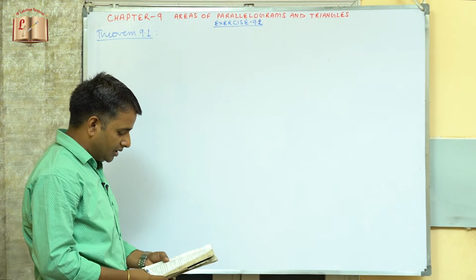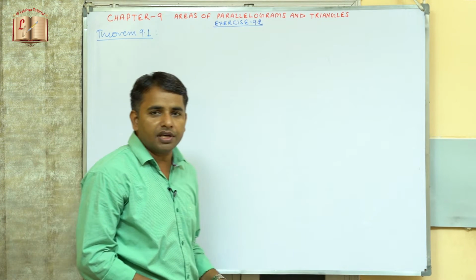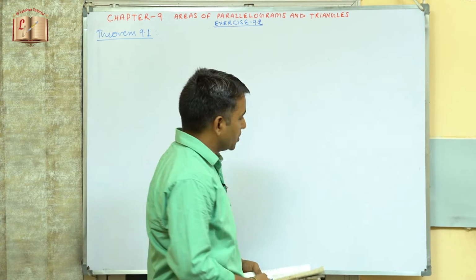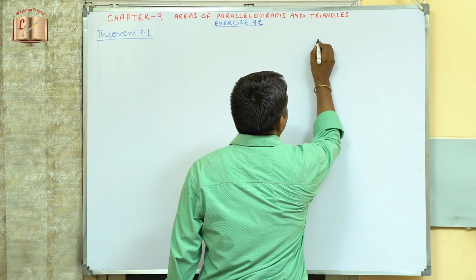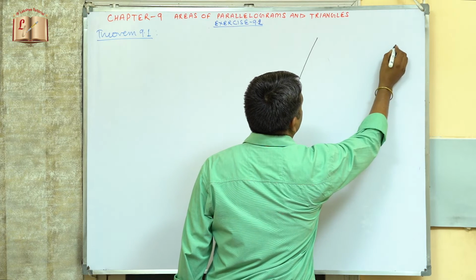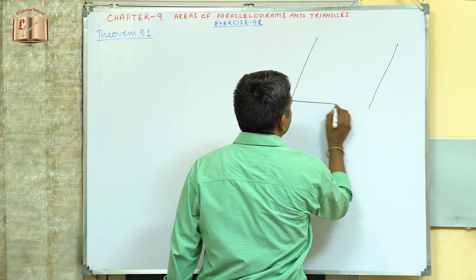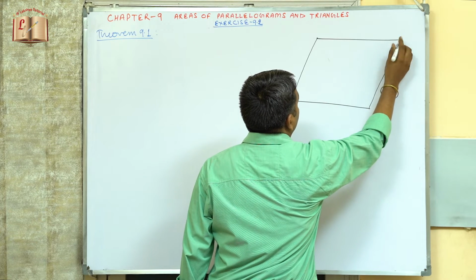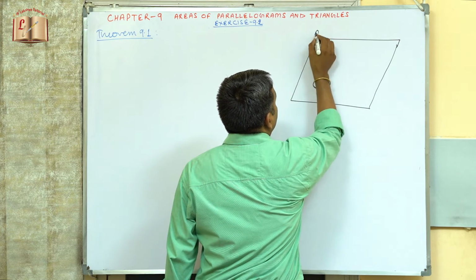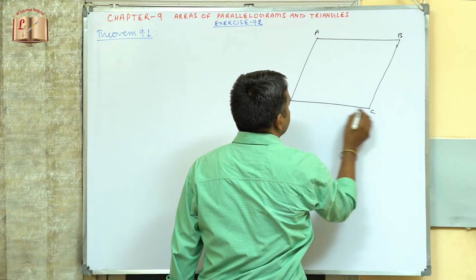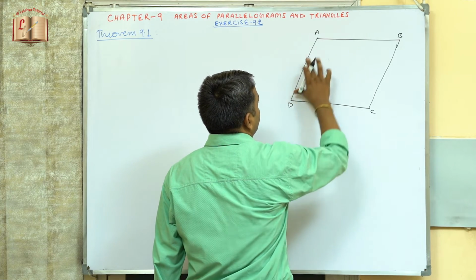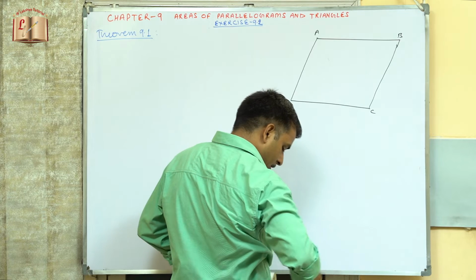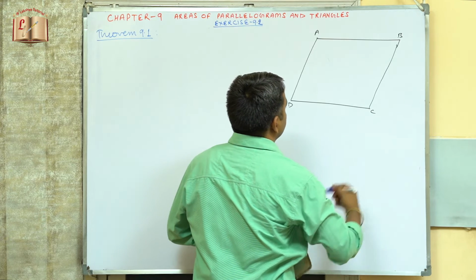The statement is that the parallelograms on the same base and between the same parallels are equal in area. So first of all we will draw a parallelogram. So this is a parallelogram ABCD. Now from this point C we will draw a line parallel to the side CD.